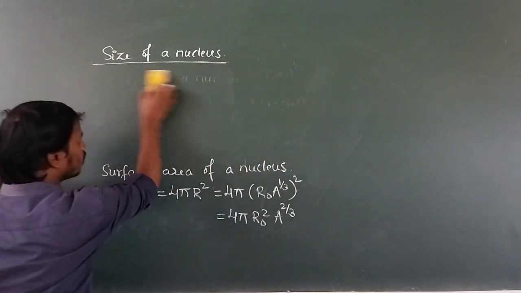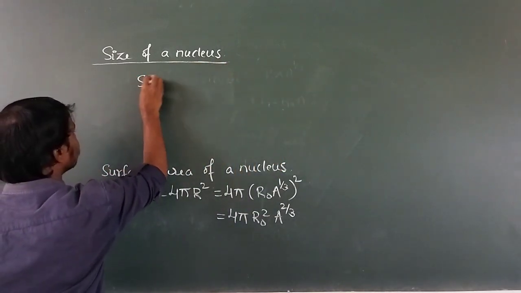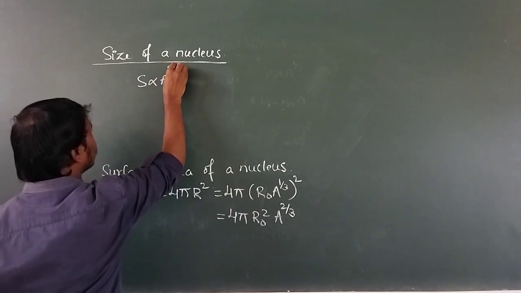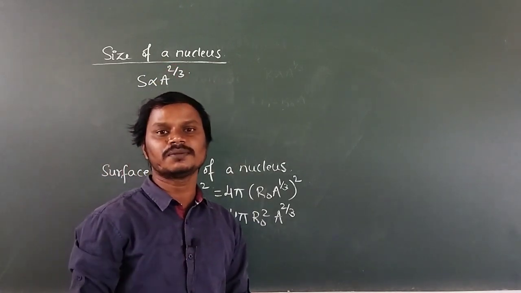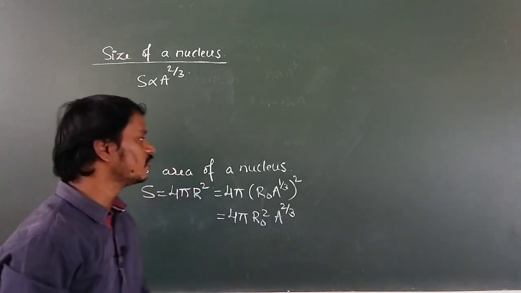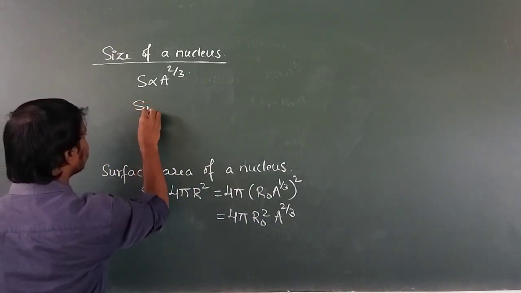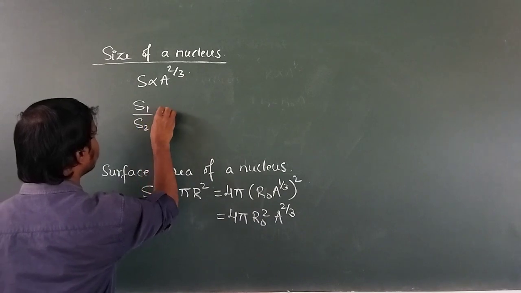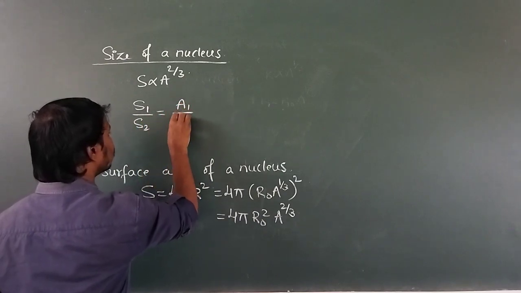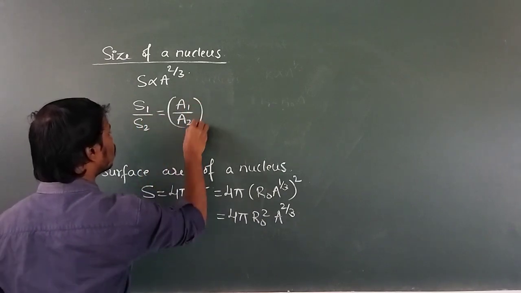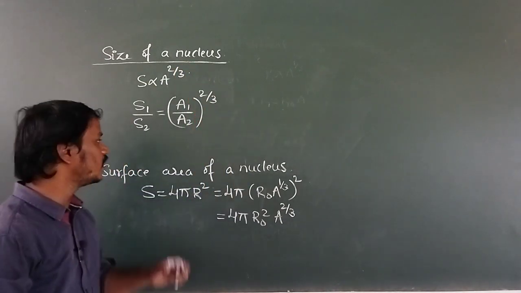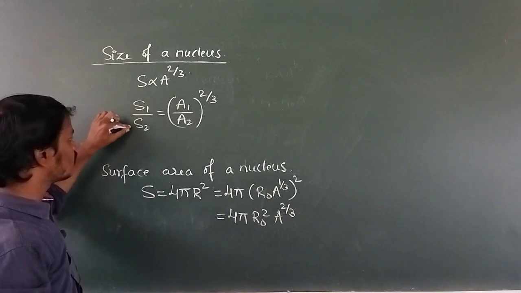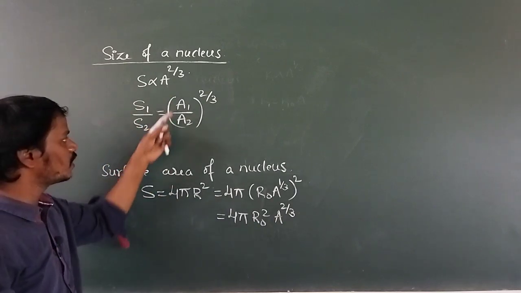Then in order to find the ratio of surface areas of two nuclei, we are going to use the formula S1 by S2 is equal to A1 by A2 whole to the power of 2 by 3. This is the formula used to find the ratio of surface areas of two nuclei if their mass numbers are given.